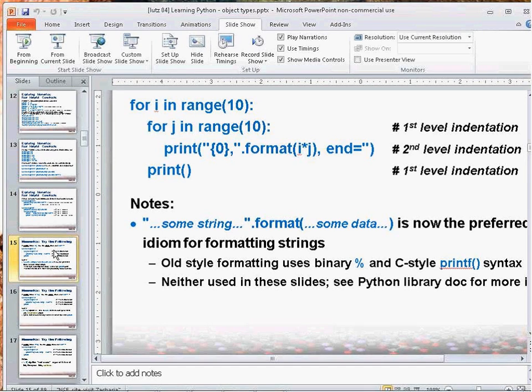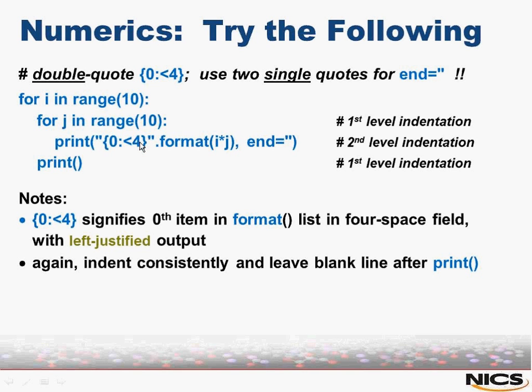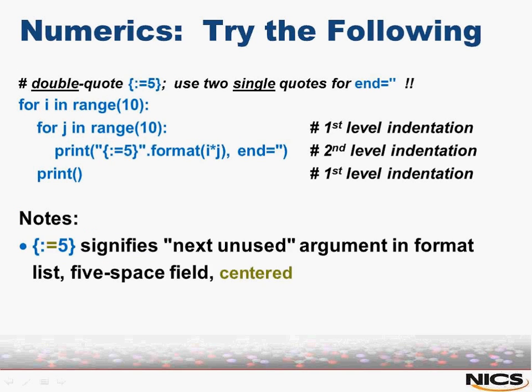The colon notation means that there's trickiness out to the right, and special stuff going on that's not default. Here, the letter means left justify, and the number means give me a field that's 4 spaces wide. Equals means center it, field of 5 spaces. That means right justify, with 5 spaces.